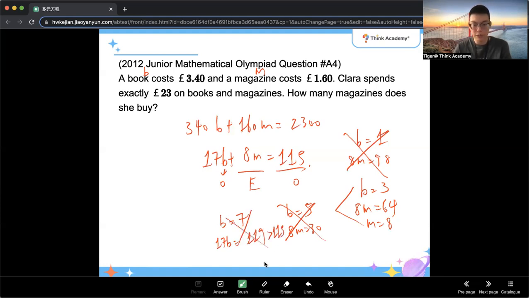So this won't work either. All right, so that's the only set of solutions, which means there are 8 magazines. So that's a simple application of it.